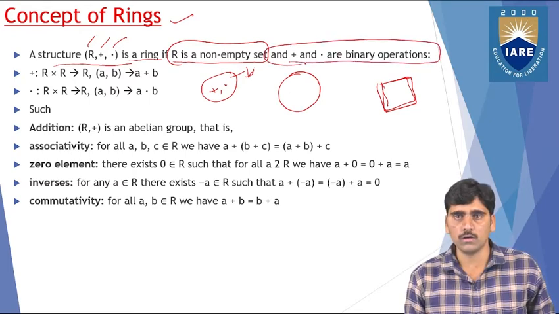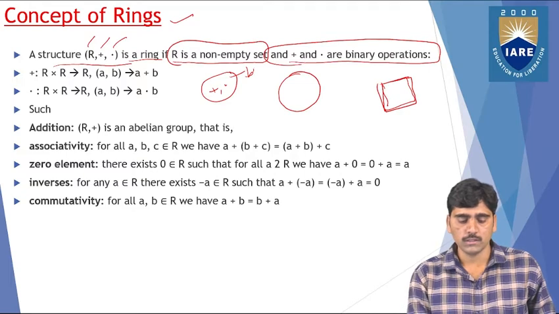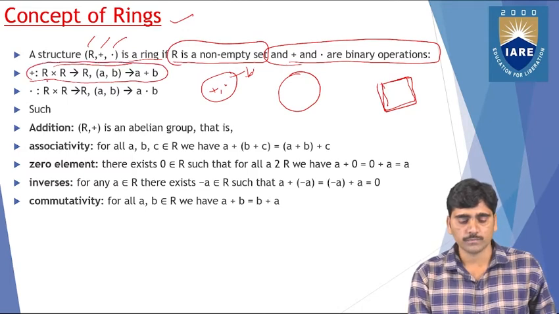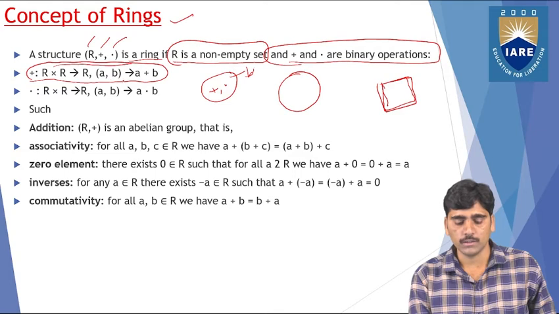You can indicate it like this for the plus operation: R into R, that is A plus B. So R into R belongs to R, for A comma B. That means the elements A comma B with respect to addition belong to R, and similarly the elements A comma B with respect to the multiplication operator belong to R.